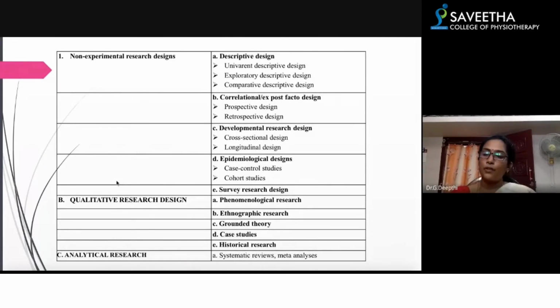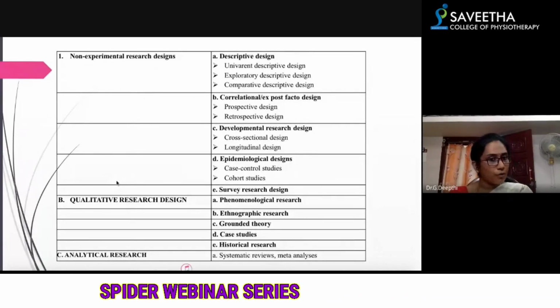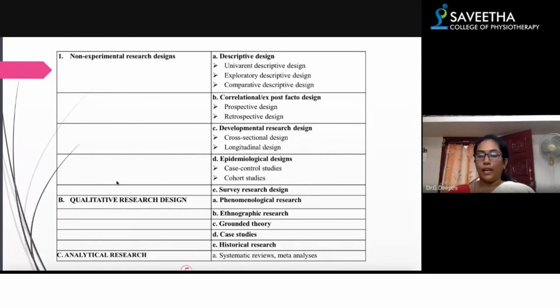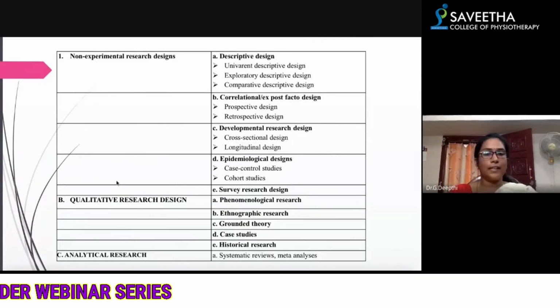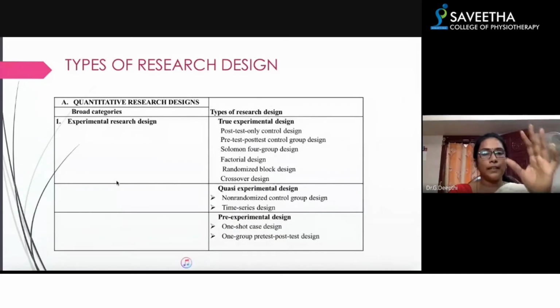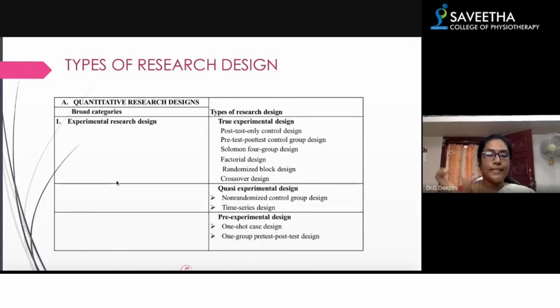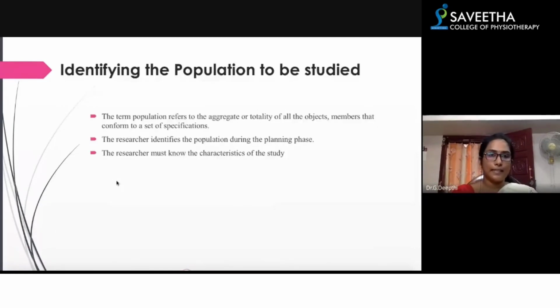By doing this, you ground a theory. Then after the qualitative research, you can slowly switch to quantitative research, that is, experimental research. Then analytical research: you just take already published data, that is, systematic reviews, meta-analysis, and all that. So that is analytical research. Based on the need and the objective of the study, you need to precisely select your research design.